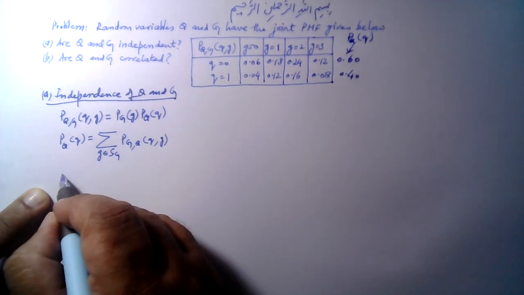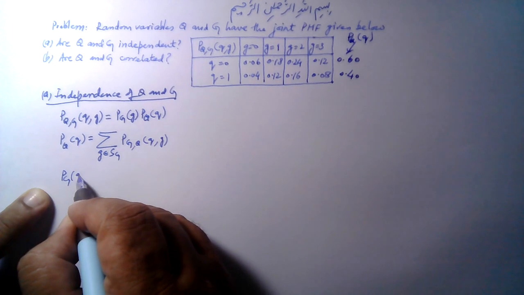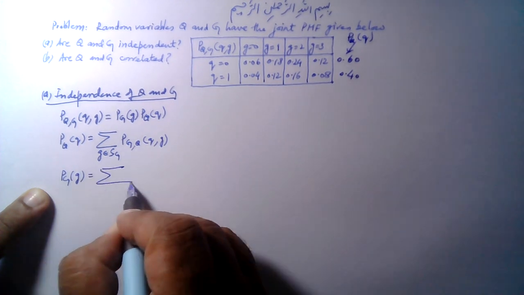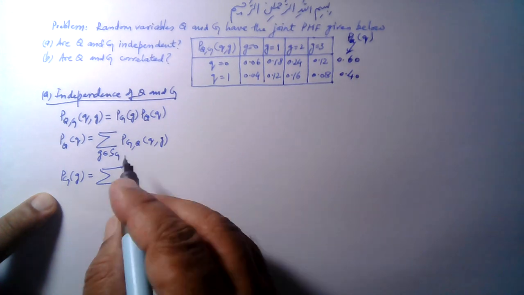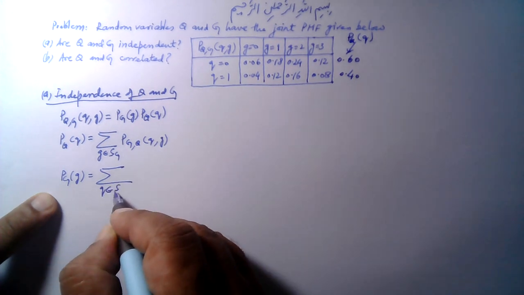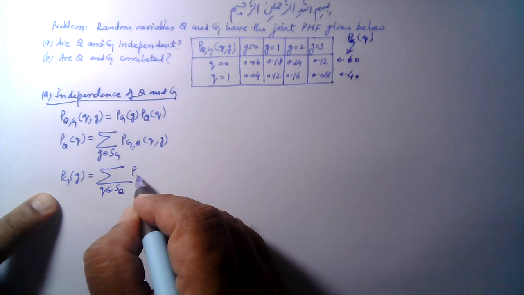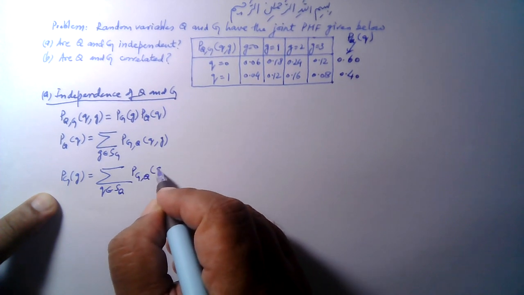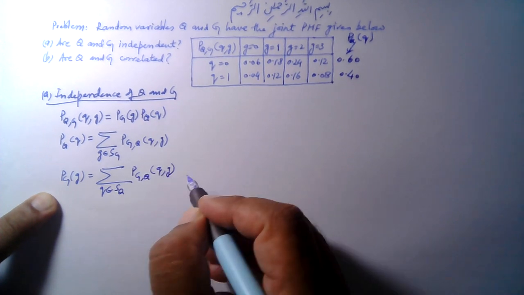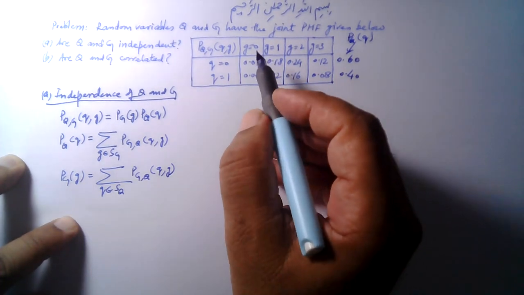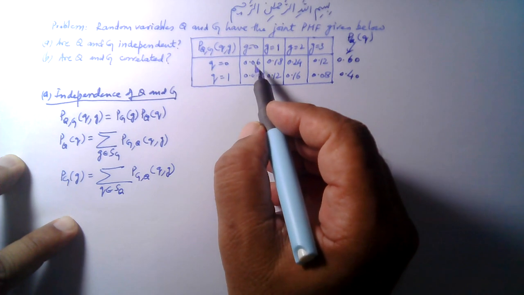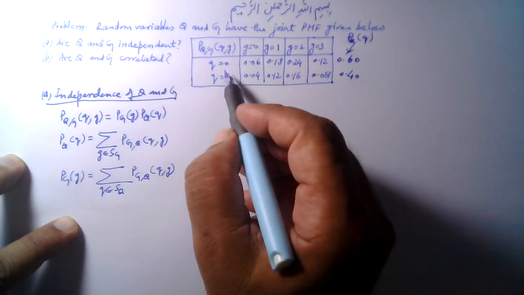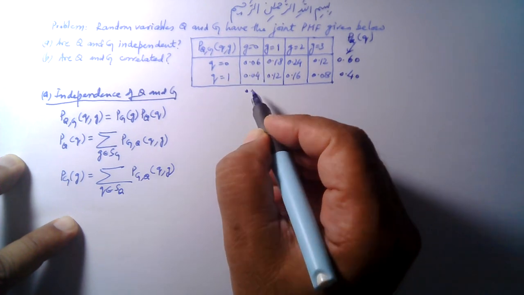Likewise, we can find the marginal PMF of random variable G, and now we sum the probability values corresponding to random variable Q. So for a given value of random variable G, for example, G is equal to 0, we sum all the values of these probabilities corresponding to random variable Q, all the values of random variable Q. So this is 0.10.